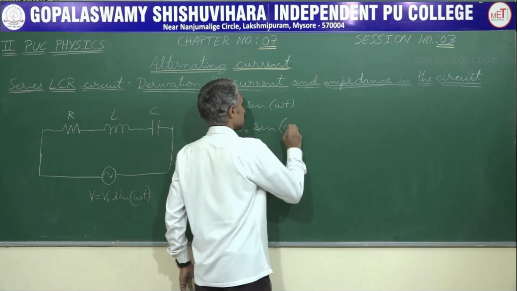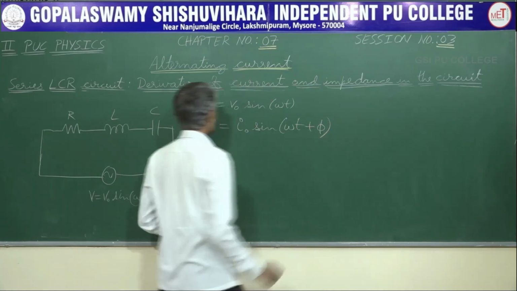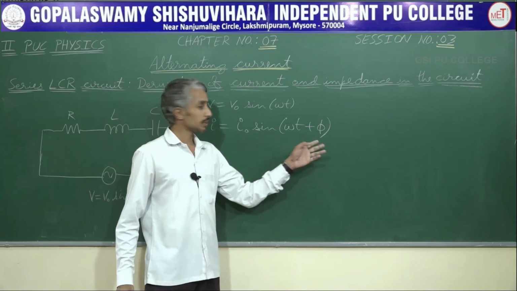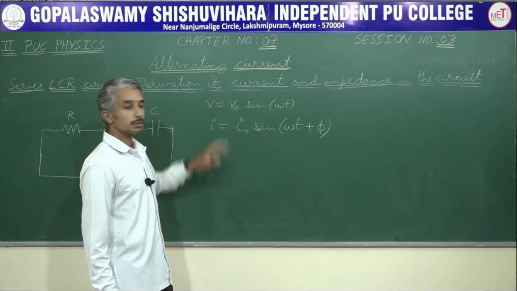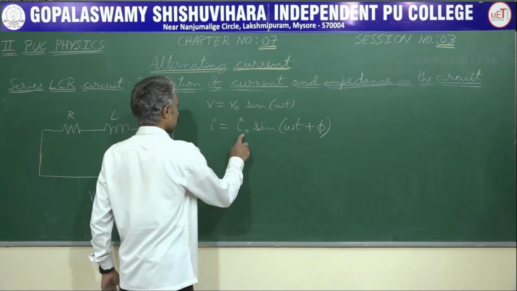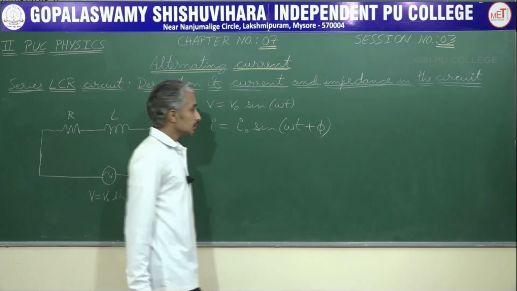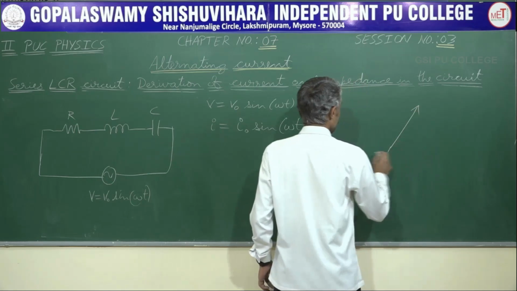So, the current in the circuit is given by I is equal to I naught sin omega t plus phi. This phi is the phase difference between the current in the circuit and the voltage supplied by the source. So, to find out what is I naught and what is phi, we have drawn a phasor diagram.